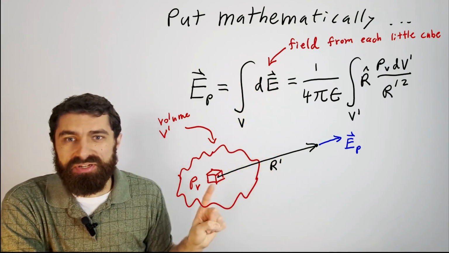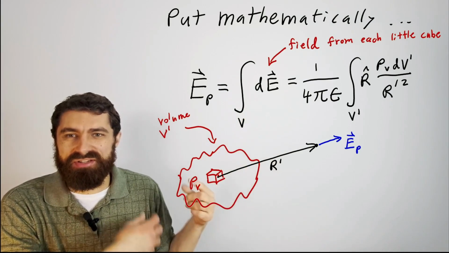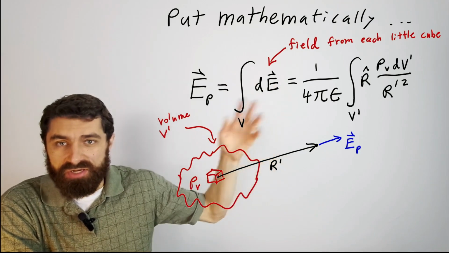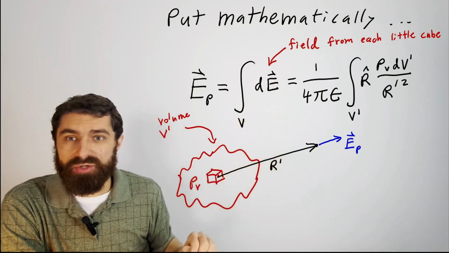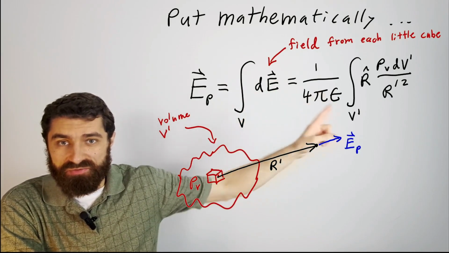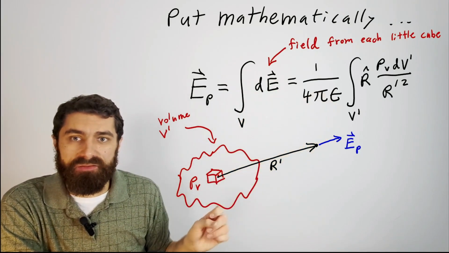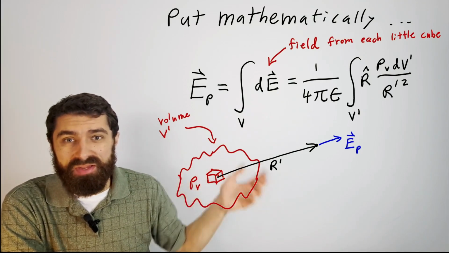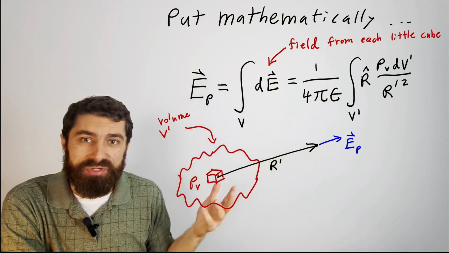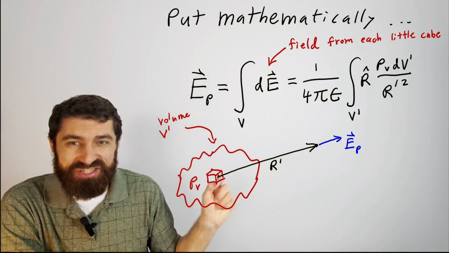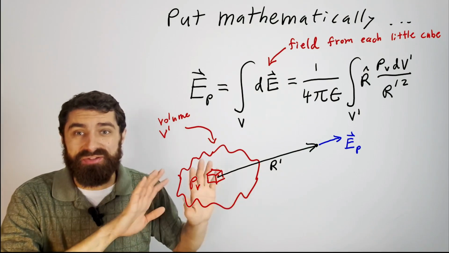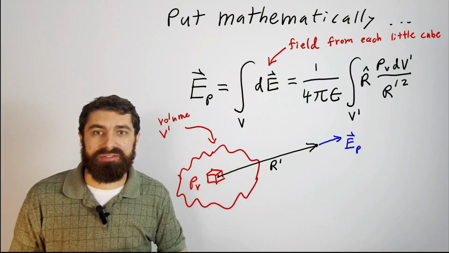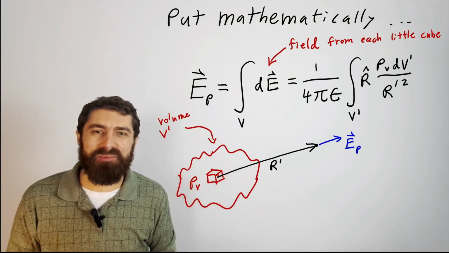Each little cube represents a small differential electric field at that point. If you integrate that, you get the total electric field. This equation just comes from the original formula for the electric field from a point charge, but you're integrating over the entire volume and treating each infinitesimal volume as a point charge. So this is a general method for solving any electrostatics problem.